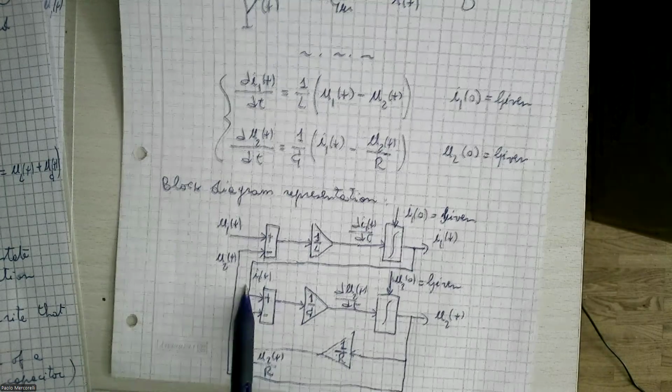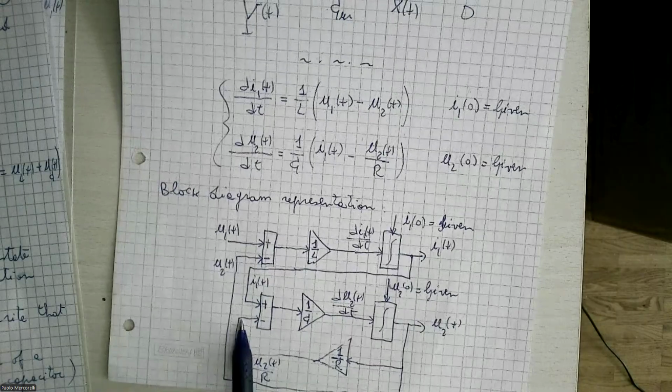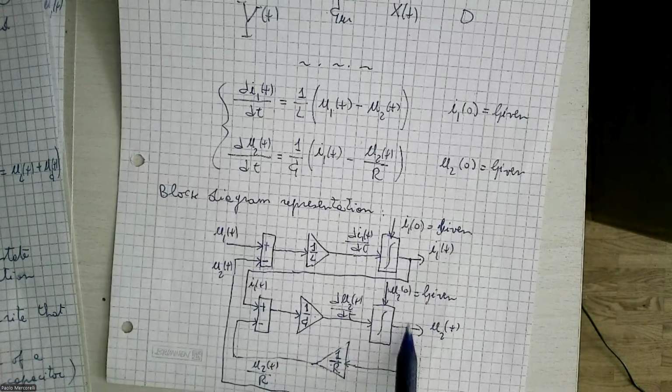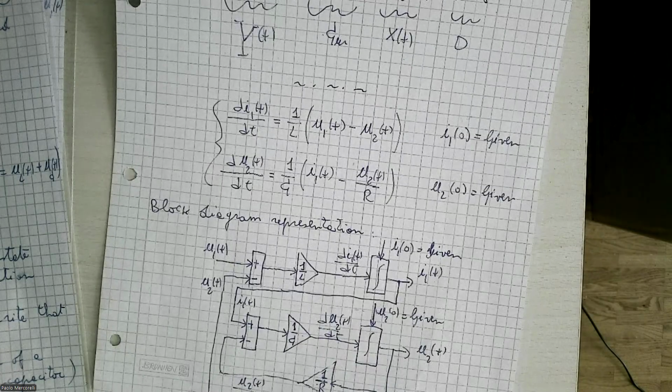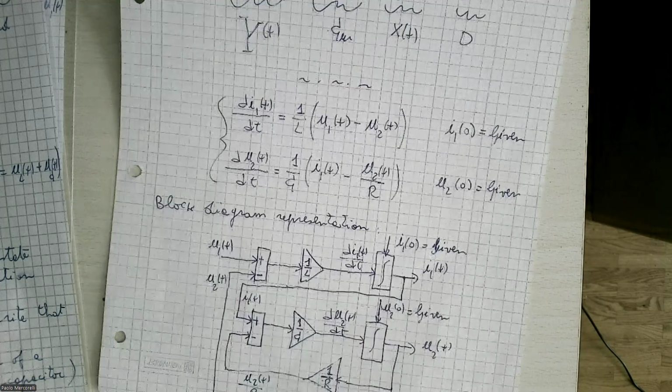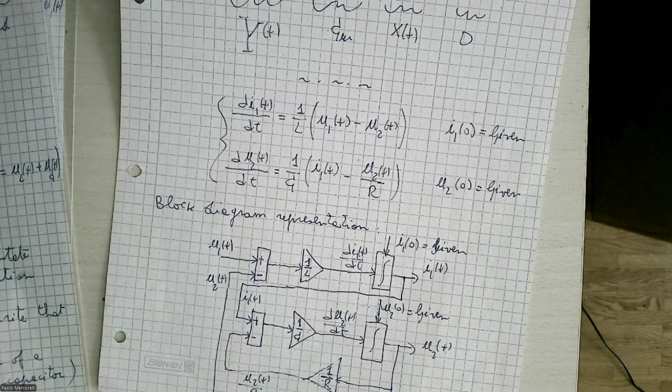This element here is I1, we will see where this comes from, minus U2 divided R, because U2 I can take from here. 1 divided R is my constant, which I can multiply by U2, and I can realize the first equation, which consists in one loop, or at least explicitly in this loop here. Of course, I1 must be calculated, must be explicitly expressed. How can I express I1?